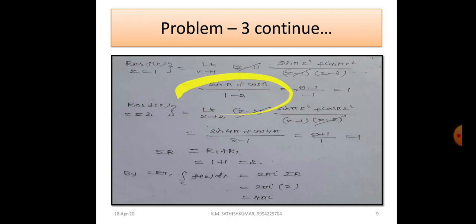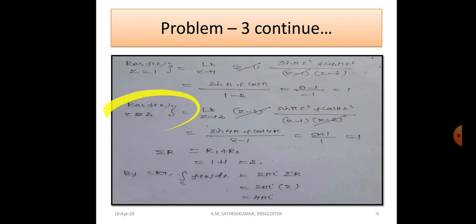Here we have sin pi plus cos pi divided by 1 minus 2. Sin pi answer is 0 because in general sin n pi is 0, and cos pi answer is minus 1. So we get the solution 1.